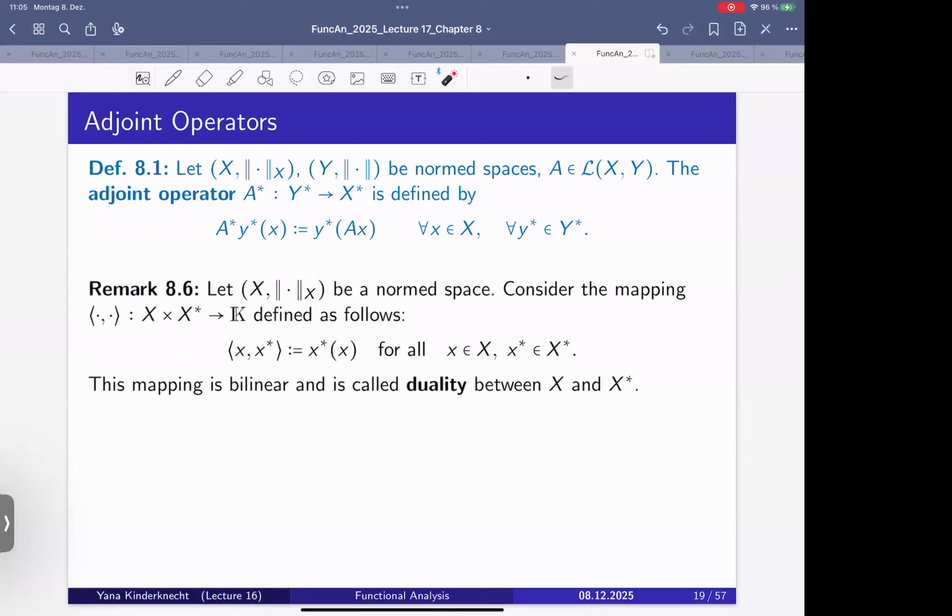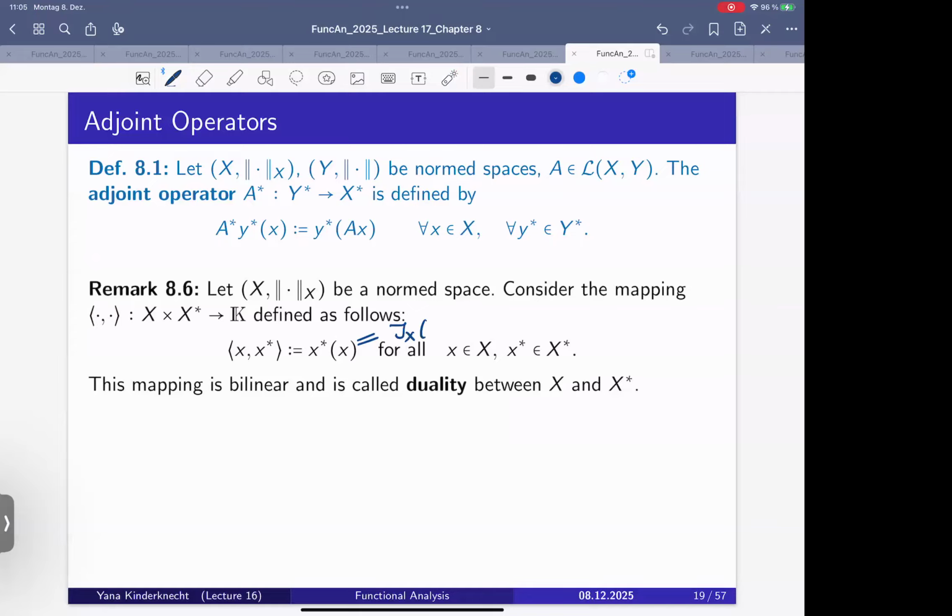So instead of writing like this, we may write like this. Because actually this means that we consider x as a point, x star as a continuous linear functional on x, and this is the evaluation of this functional at this point. But on the other hand, what stays here can be understood as the following.